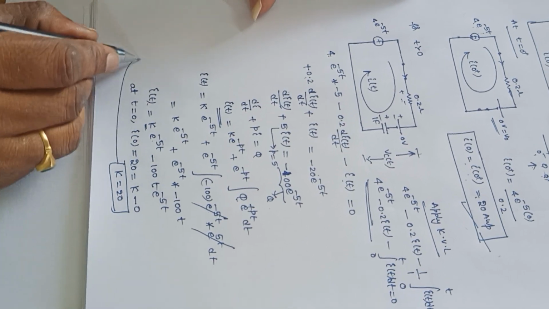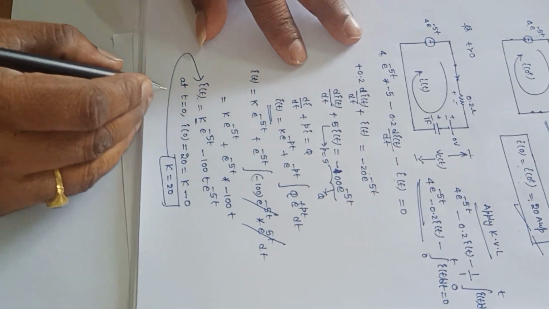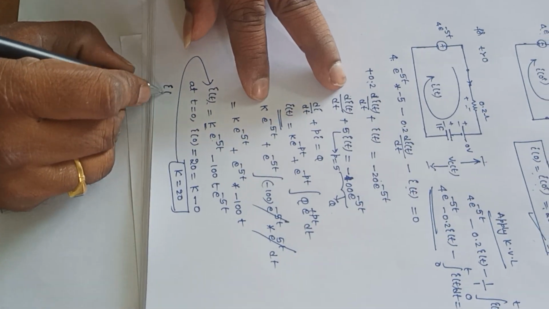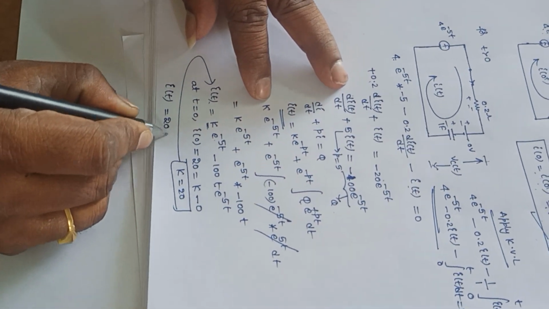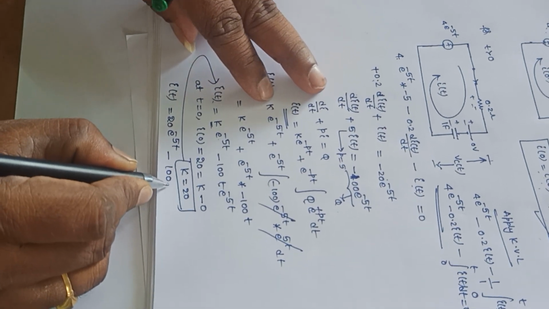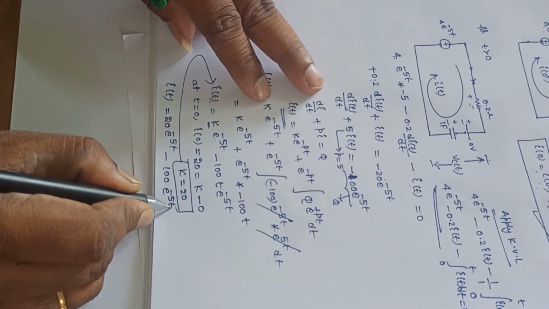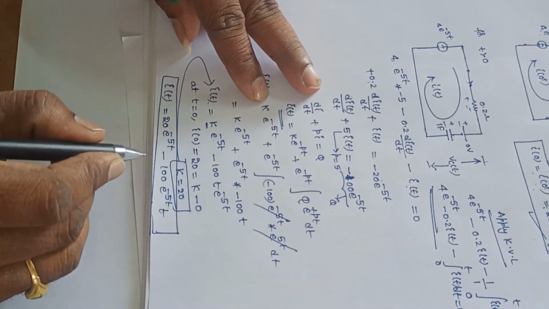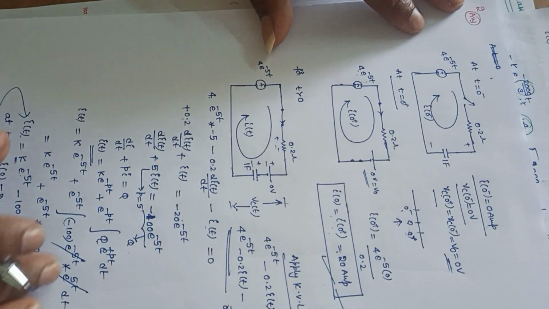Now let us substitute this value in this expression to get the solution. I of t is equal to 20 into e power minus 5t minus 100 into t into e power minus 5t. So this is the expression for this problem.